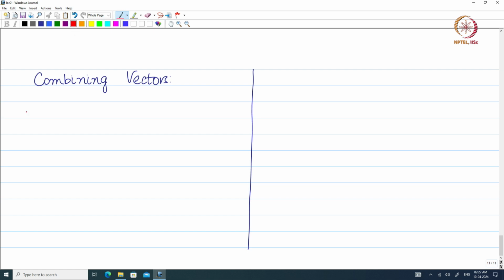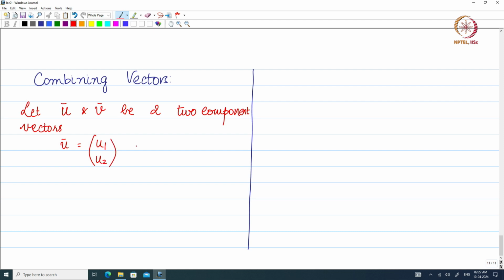Let u and v be two component vectors, that means they are on the x1 x2 plane, such that the vector u is given by (u1, u2) and the vector v is given by (v1, v2).